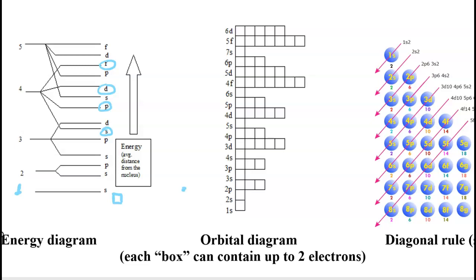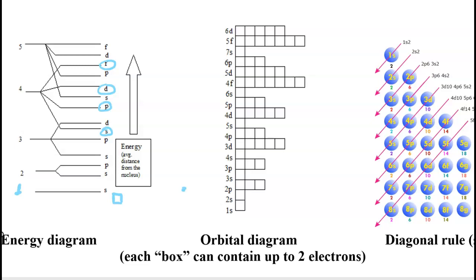Positive spin is when the electron spins clockwise, and negative spin is when the electron spins counterclockwise. So the s subshell has only one orbital with a maximum of 2 electrons on it, right?